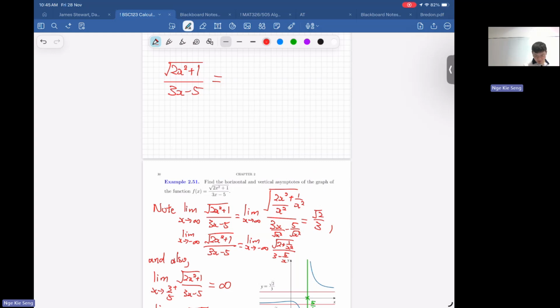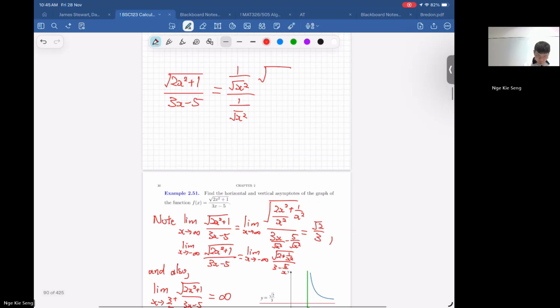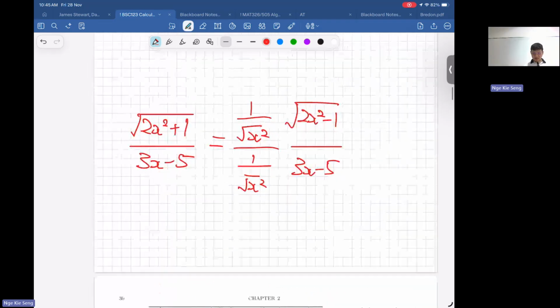What we did was we multiplied by this guy. Maybe we can use L'Hopital's rule to check our answer also, since we already learned it. But let's use this old way first.